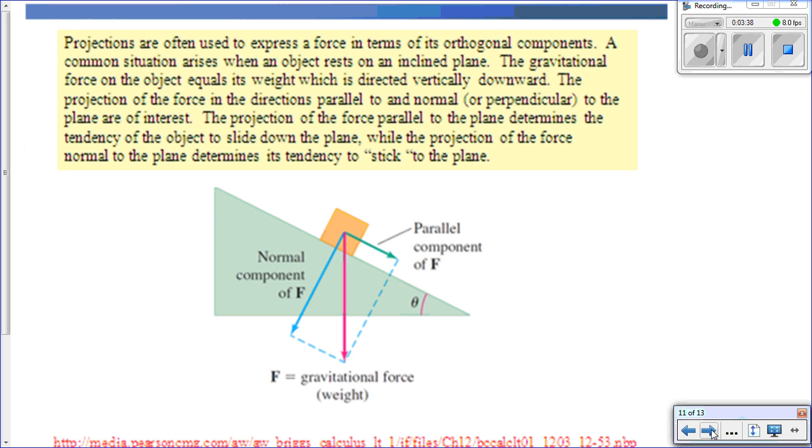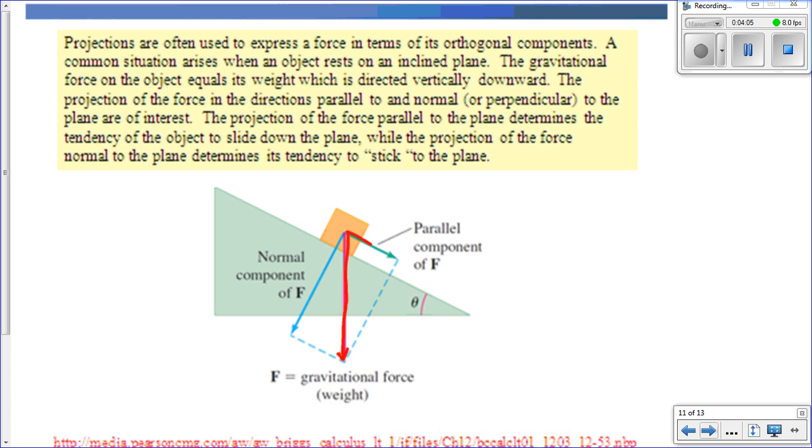Okay, now let's look at another situation. Often projections are used to express a force in terms of its orthogonal components. So in this problem, we have a force, gravitational force, that's acting on that box on the ramp and it's pulling it straight down. What we want to do is to take that force and break it into two components.